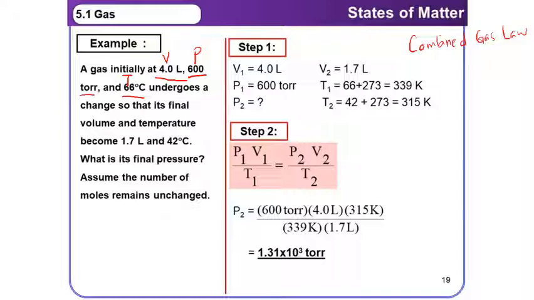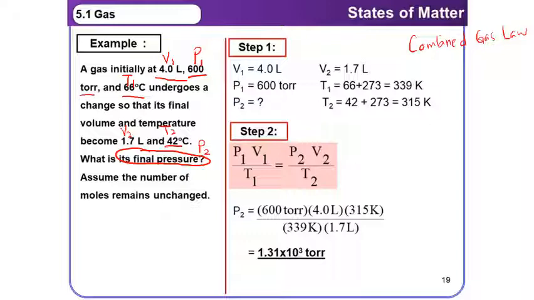So the volume appears again, and we consider this the second volume. We will label these as V1, P1, T1, and then this is T2. So what is its final pressure? That means we are going to look for P2. Assume the number of moles remains unchanged.